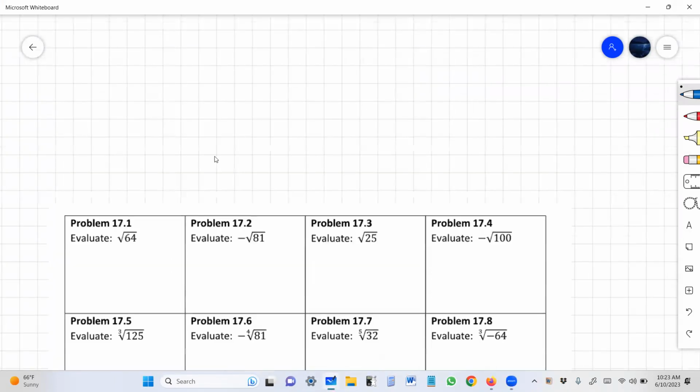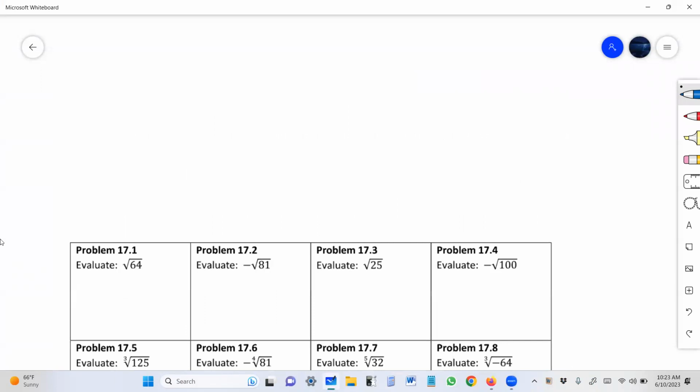Okay, so a radical expression is an expression that is inside this symbol. The symbol itself is called the radical. There's a number that goes here called the index. The index is going to be any number 2 or bigger, only a whole number, 2, 3, 4, 5, 6, and so on.